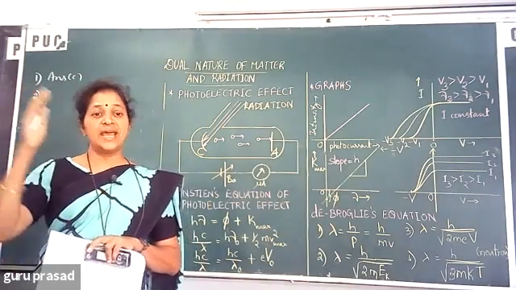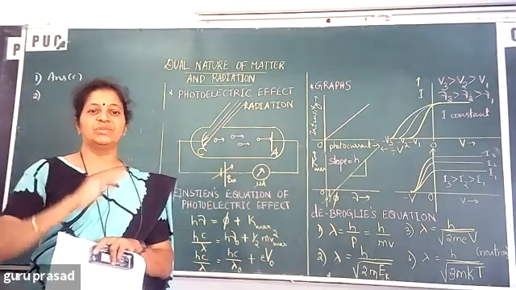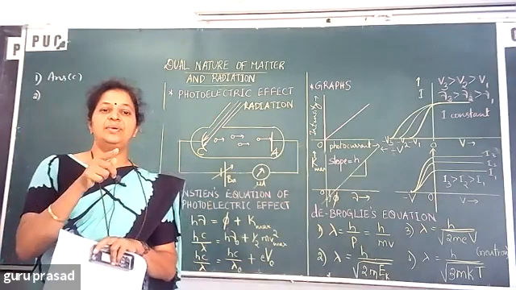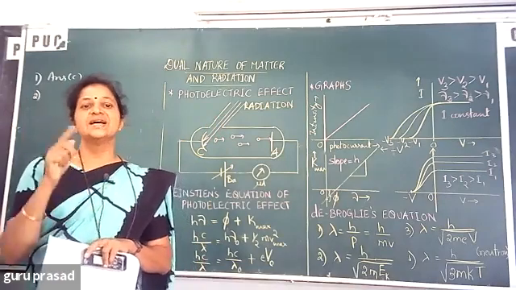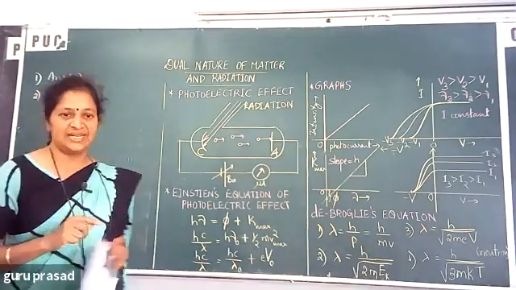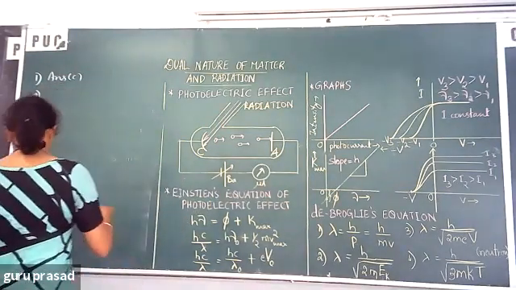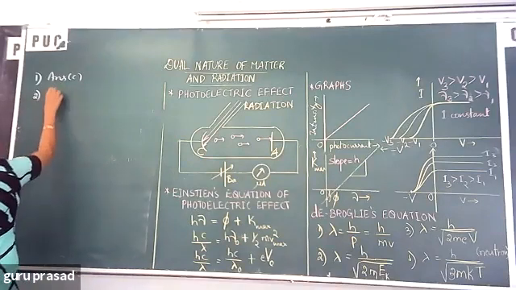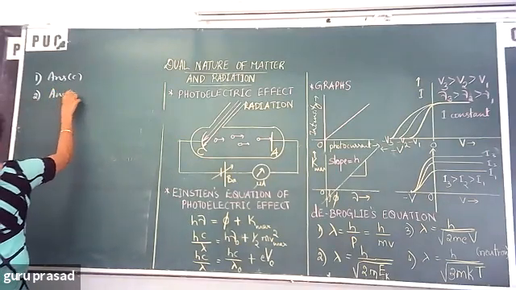If you change the distance of the source from the photocathode, what happens? The intensity changes, so the current will change. That's all. No change in potential. So therefore, now also the potential is V naught. So the answer is A.